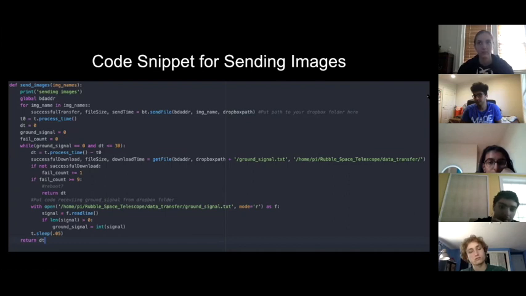We give it 30 seconds or 10 tries to download this file from the ground station, and it tries to read from it. If it doesn't detect anything, then we can have it reboot, or we can have it try and reconnect to ensure that we have a connection.